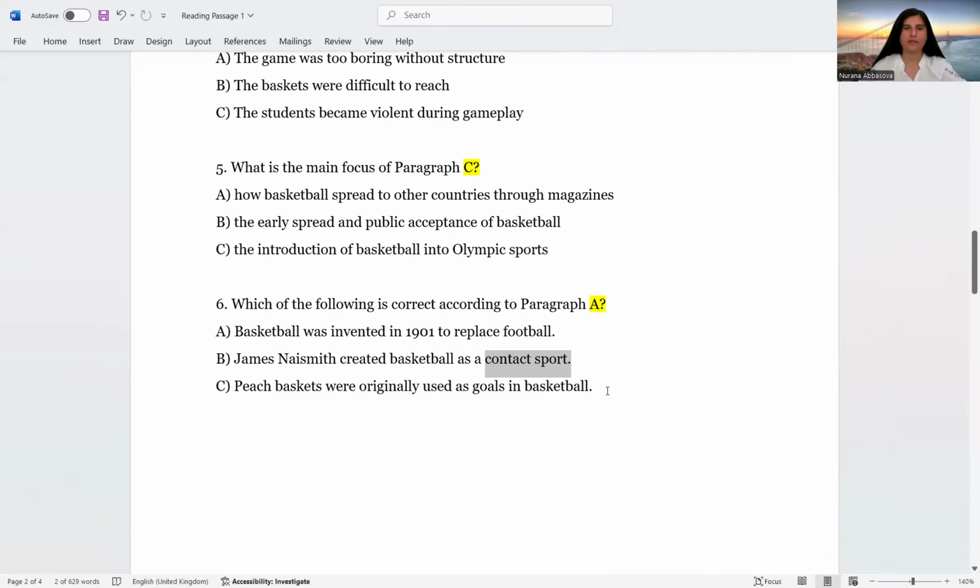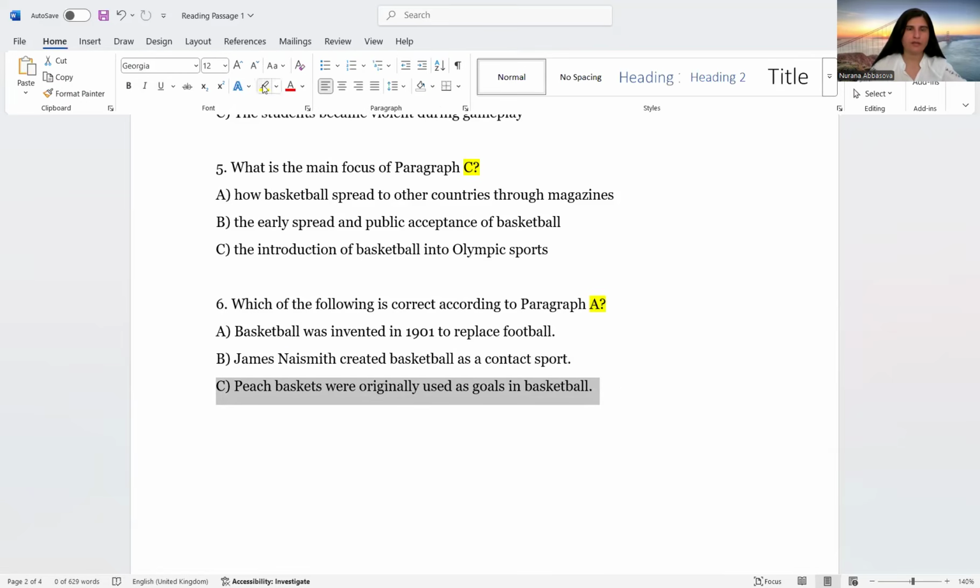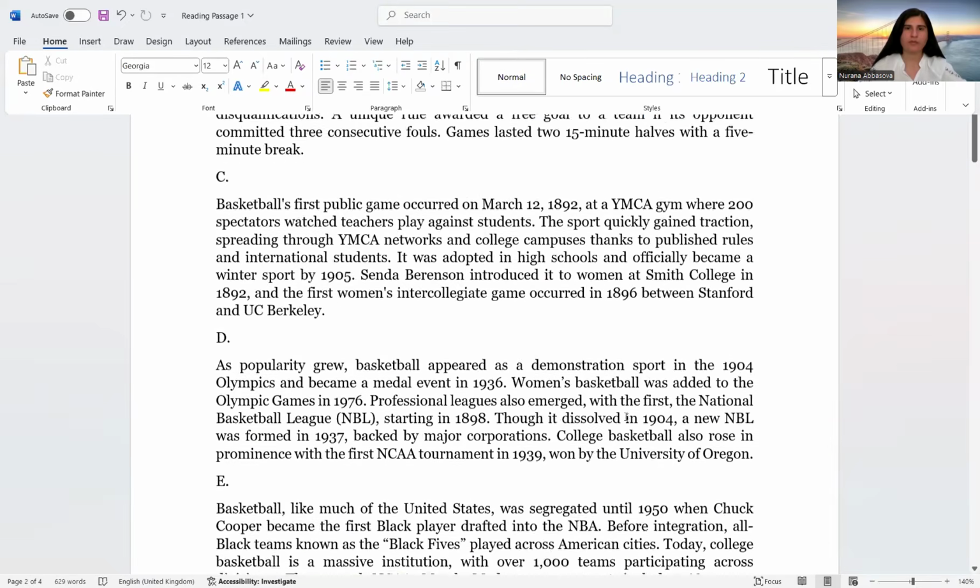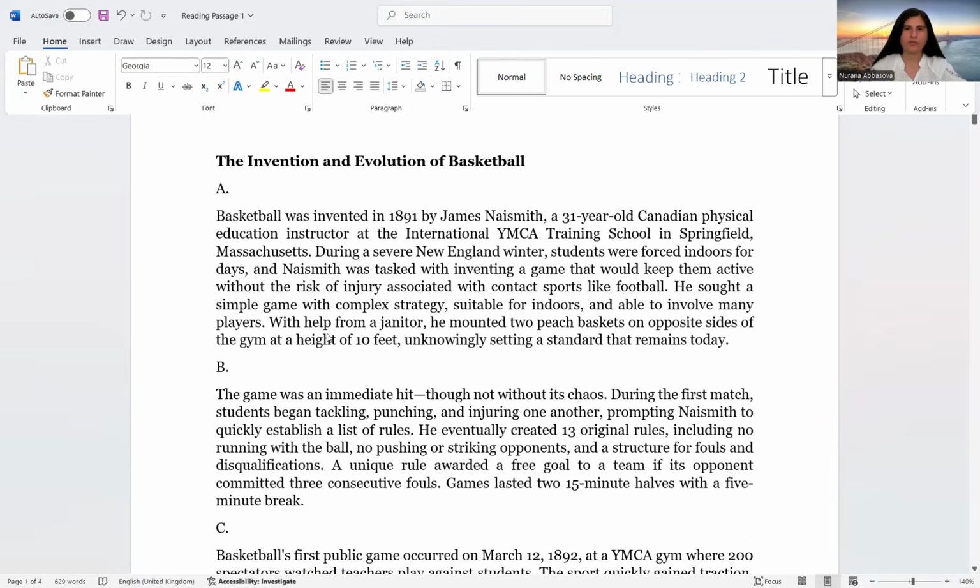Peach baskets were originally used as goals in basketball. I think I read it. I will mark it and go back and check a second time. Peach baskets were originally used as goals in basketball. I remember reading it, but I should be 100% sure. Yes, and here it is.